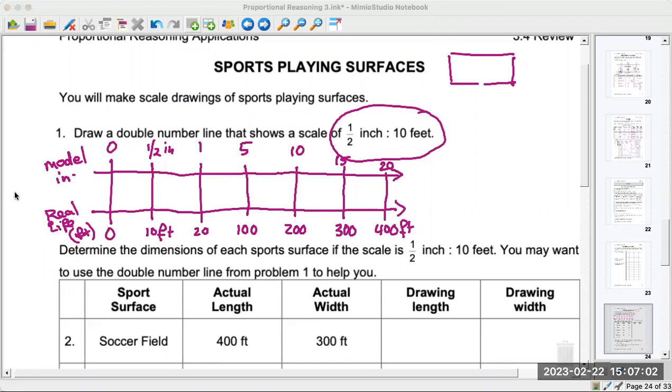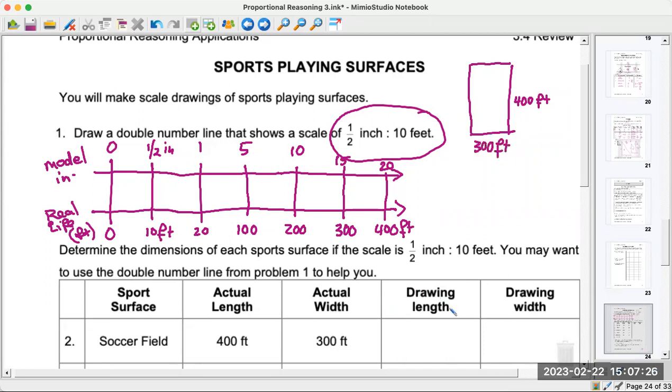Dang it. I have to erase. Let's draw it like this. There's your soccer field. It says 400 feet in length and 300 feet in width.